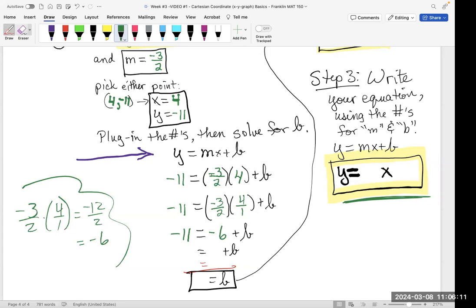I'm now going to add 6 to both sides of my equation. -11 plus 6. I've lost 11 and I've gained 6. That gives me -5. I've lost $11 and I get $6 back.